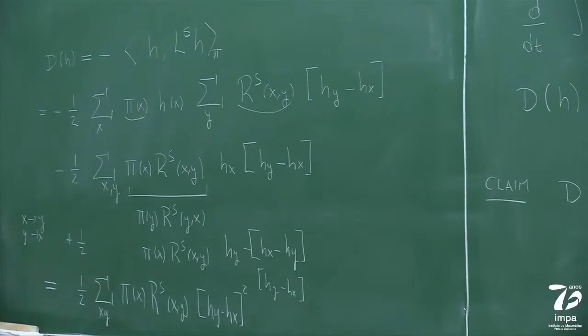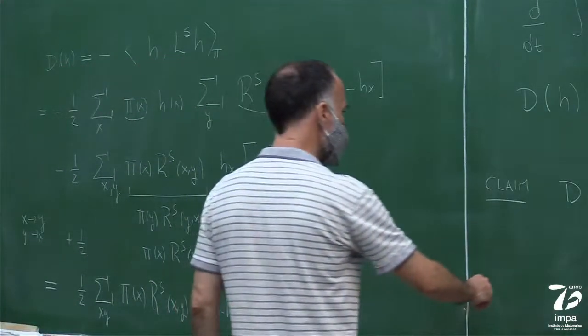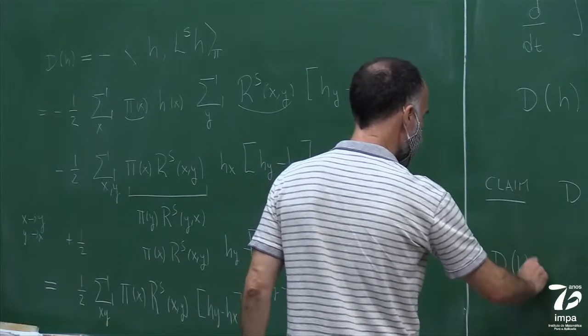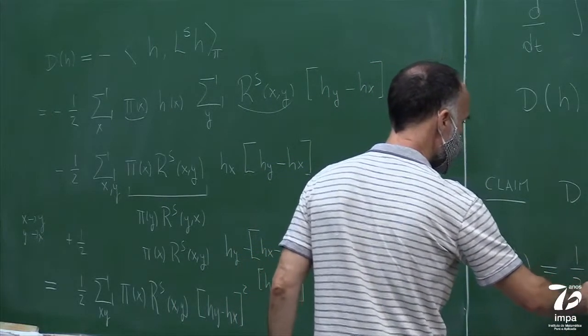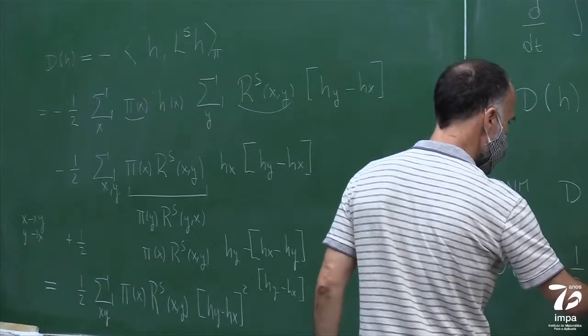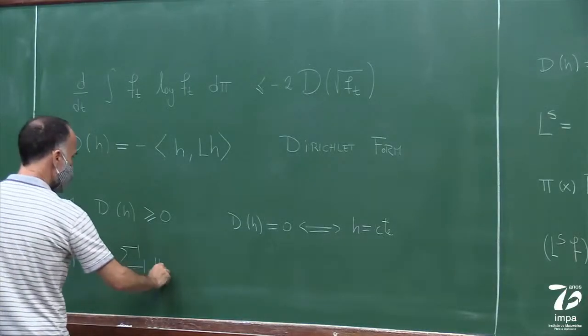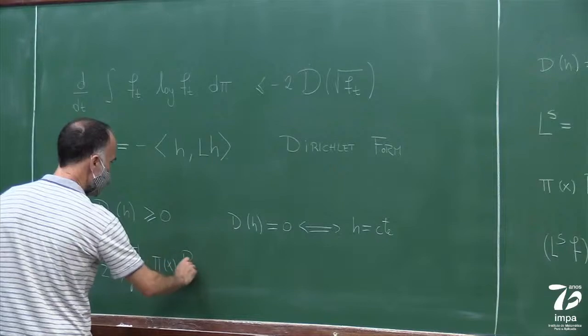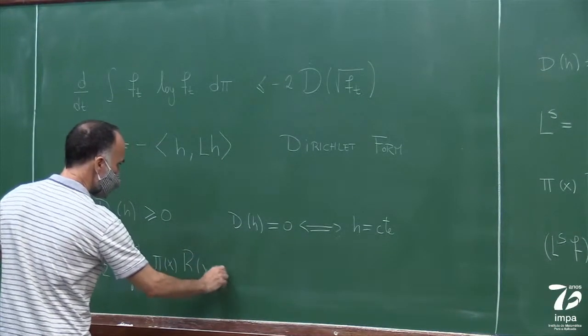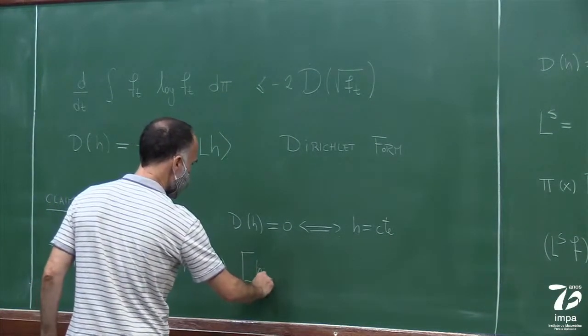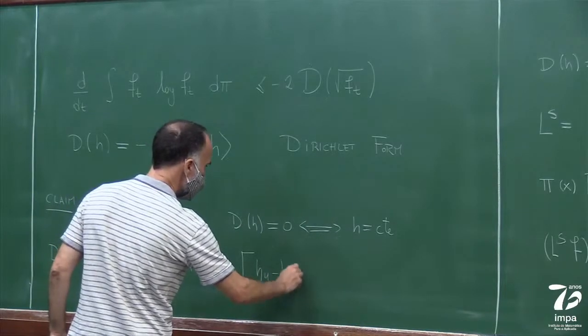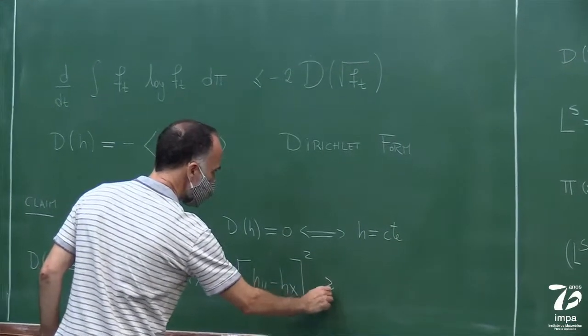Okay. So what we proved is that the Dirichlet form of h is equal to 1/2 the sum over all x, y, pi x, Rs xy, (h y minus h x) squared. And this is, of course, positive.